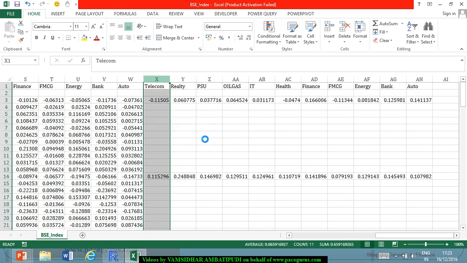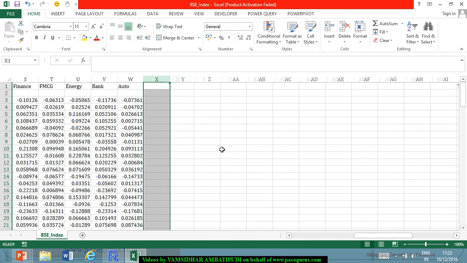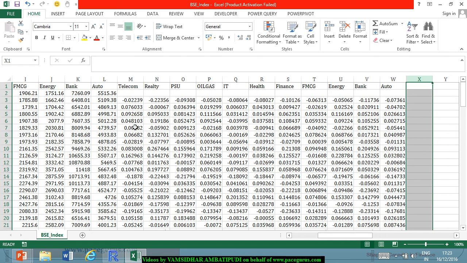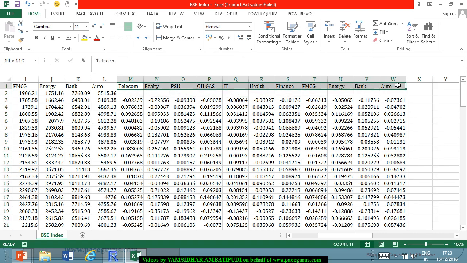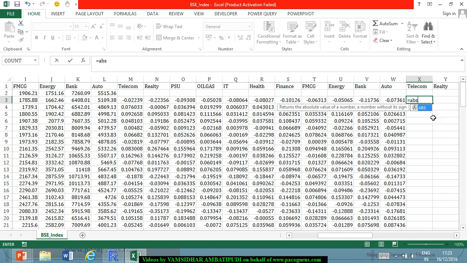Let me take the absolute returns first, and then let's look at the correlation. So let me take these as they are. If I'm talking about absolute returns, I'm simply taking the absolute of this number. That's it.